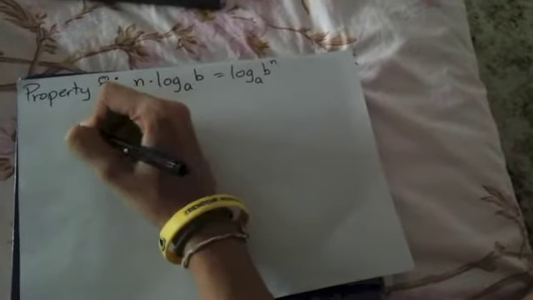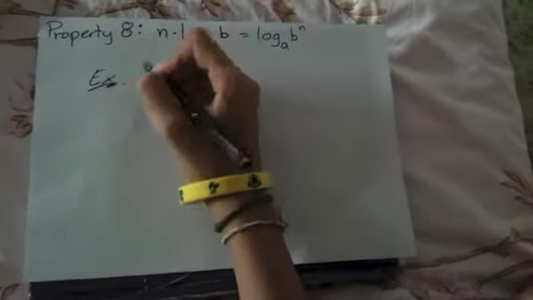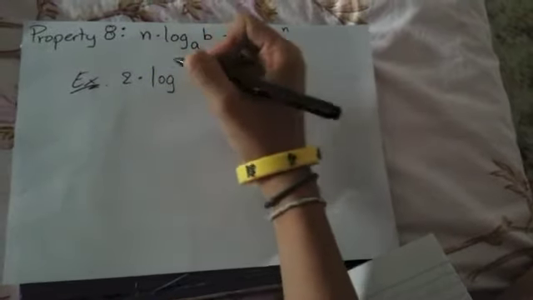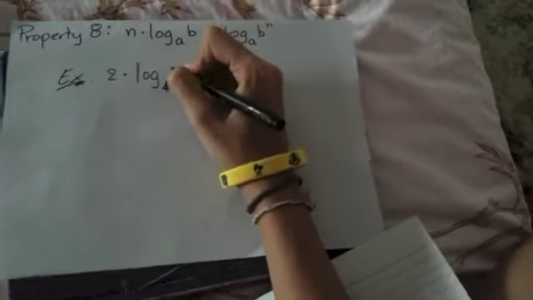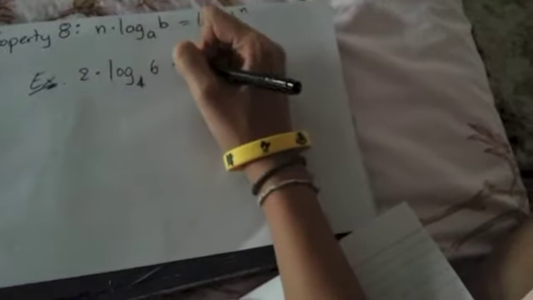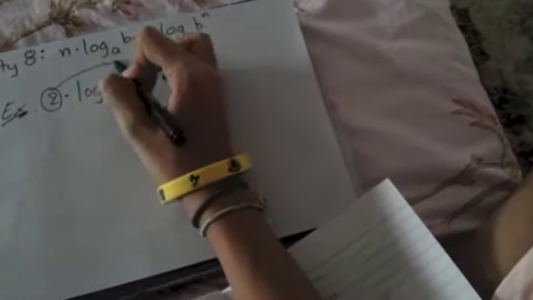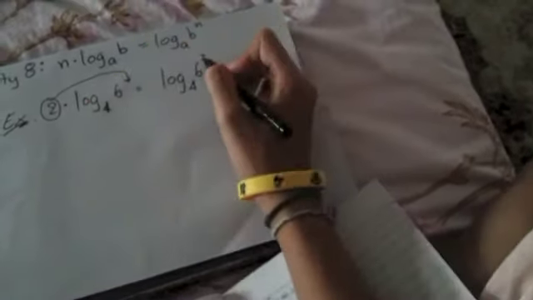So let's do some examples. 2 times log 6 in base 4. It's gonna be log 6 in base 4 to the power of 2, because you move 2 up there as power. So there you go.